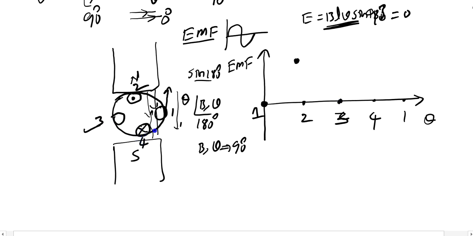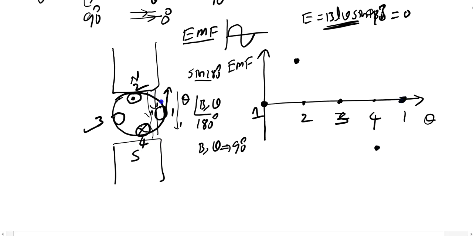Because here also there is a 90 degree angle between B and V. It is maximum, but in the negative direction, because on the north pole side the current in the conductor goes inward, and when my conductor reaches the south pole, the current direction is outward. So the current direction is different at the north pole and south pole, but anyhow the maximum amount of EMF is generated. That is why it comes in the negative direction. Again coming to the first point, it shows 0, isn't it?